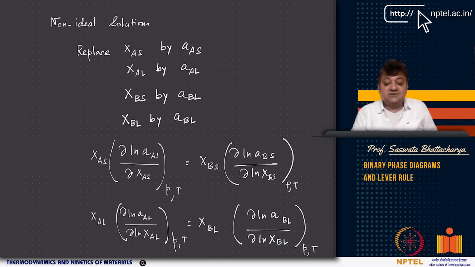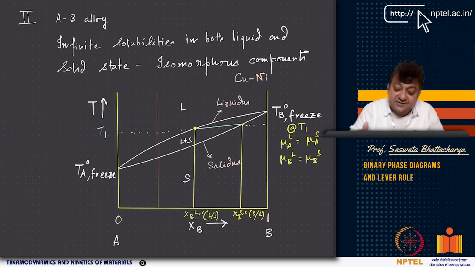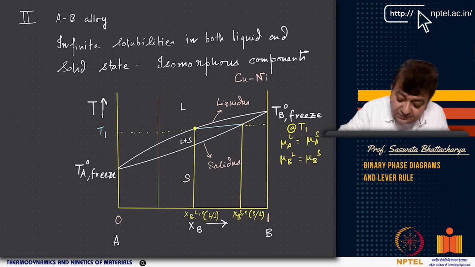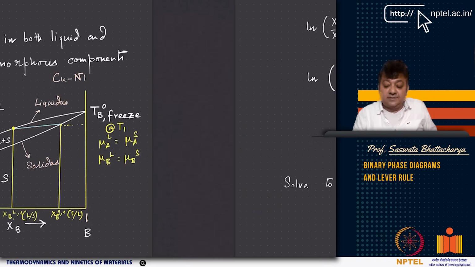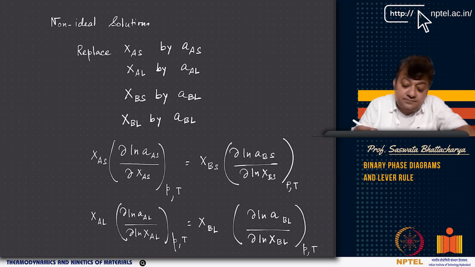Because at different temperatures, it goes from the melting point of pure A to the melting point of pure B. If you look at the solid, it changes like this, or the liquid as it changes. So that's the idea.